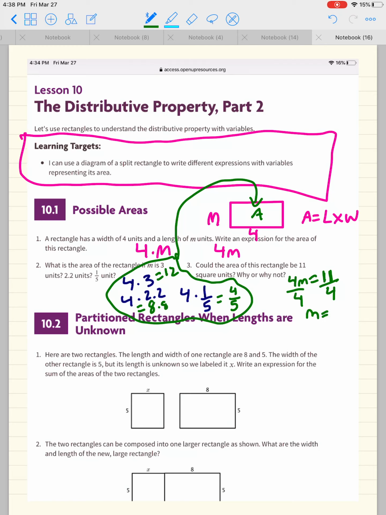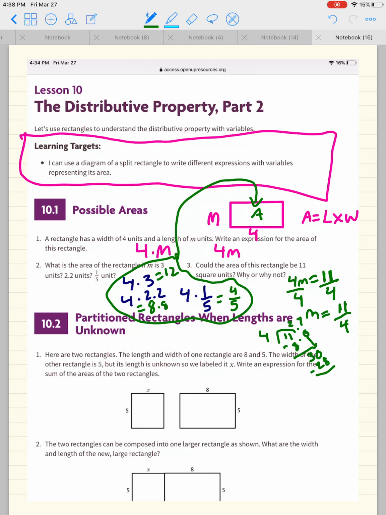You could divide this side by 4 and this side by 4, and then you would get that m is equal to 11/4, or the decimal, let's see, 4 goes into 11 2 times, and it's 8. 11 minus 8 is 3.